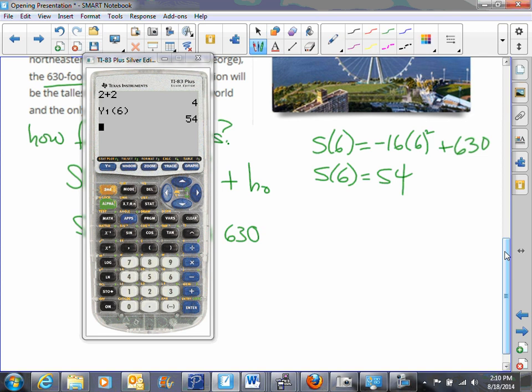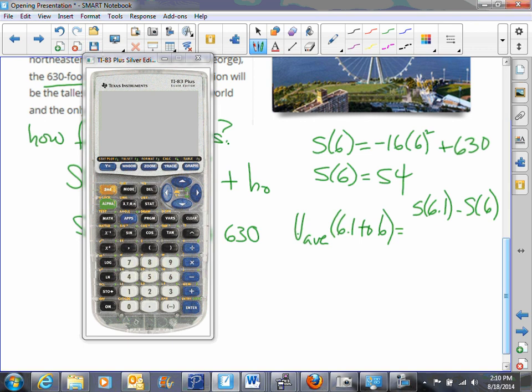In other words, the v sub av from 6 to 6.1 seconds would be s of 6.1 minus s of 6, over 6.1 minus 6, the difference in time. This is the total distance it's traveled in that tenth of a second after 6 seconds. This is the total time that it had to travel.